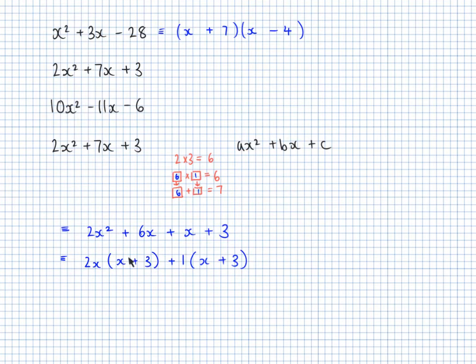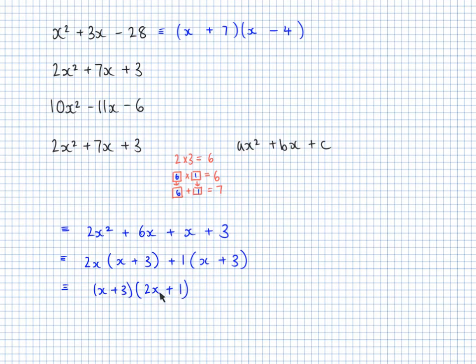Okay, so if x plus 3 is a factor of this part and it's a factor of this part, therefore I can say that x plus 3 is multiplying to 2x, and I also have x plus 3 multiplying to a plus 1 here. Okay, so I've got x plus 3 multiplying to 2x and x plus 3 multiplying to the plus 1.